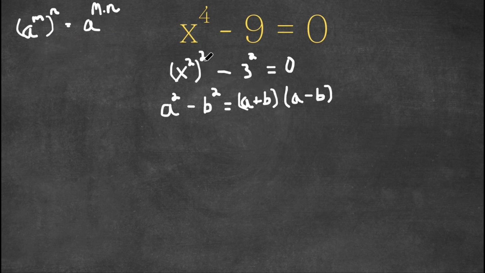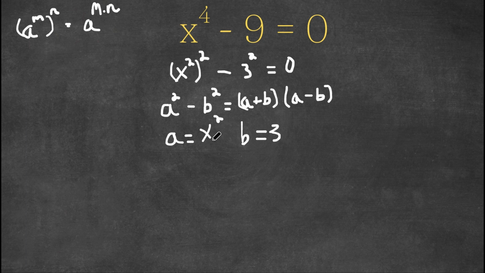So as you can see right here, what I've done is I've changed this equation to match up with a squared minus b squared. In this case, a is equal to x squared and b is equal to 3. So we have x squared to the power of 2 minus 3 squared, and this is also equal to a squared minus b squared.